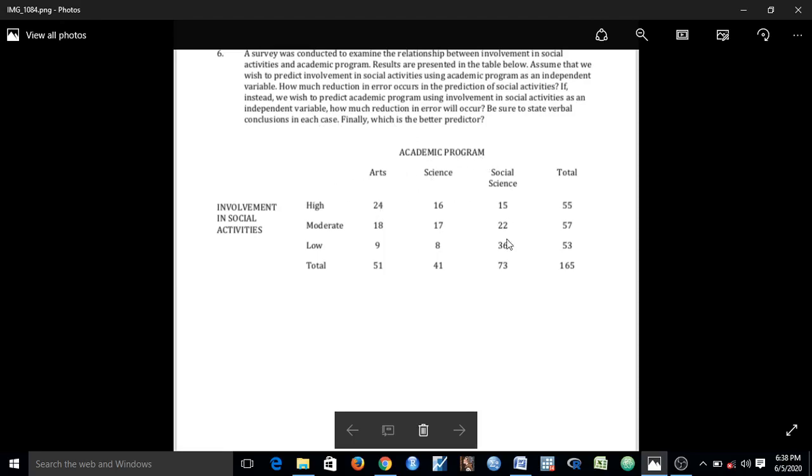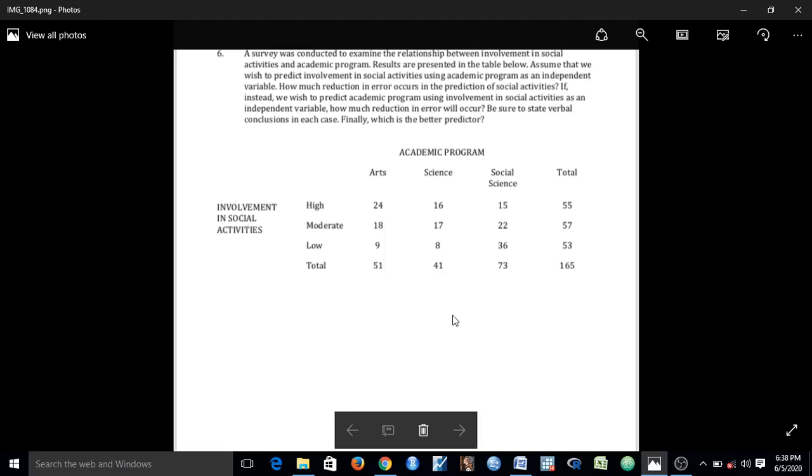So this is a cross tabulation. We see that involvement in social activities has three levels: high, moderate and low, and the academic program is art, science and social science, with the numbers here. So what are we going to do?